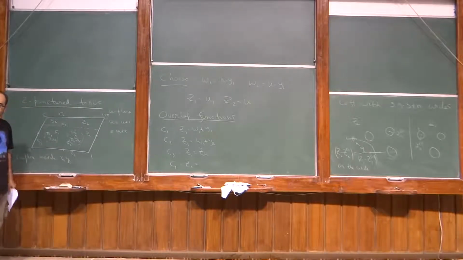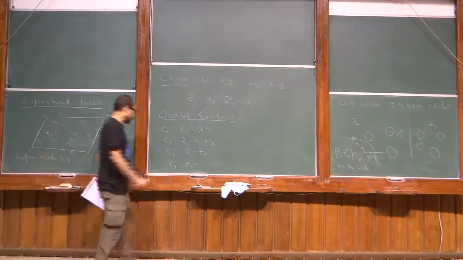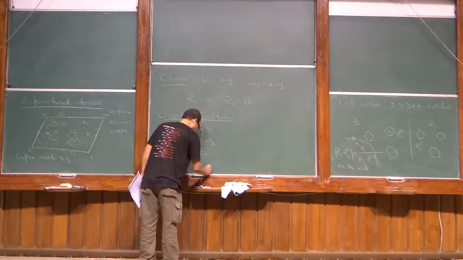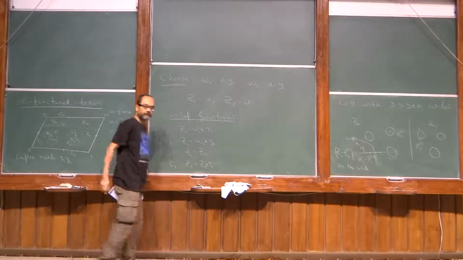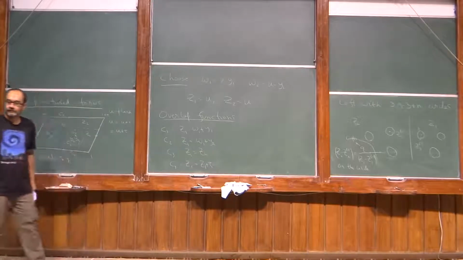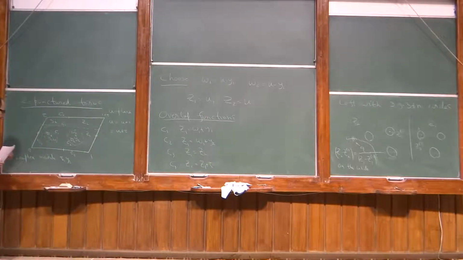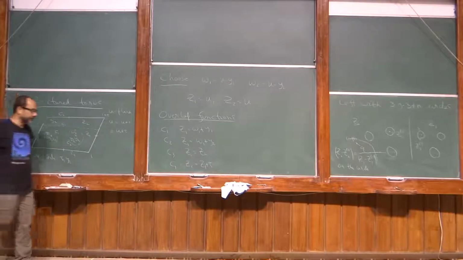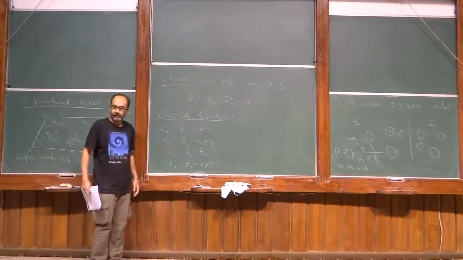Z2 is equal to Z1 plus tau. You can see that this point is matched to this point. In the Z1 coordinate system, this is 0 because Z1 is u. Z2 is u too, but in the Z2 coordinate system, this point is tau. So Z2 is Z1 plus tau. This is the overlap condition.